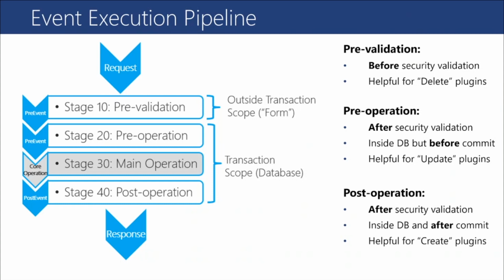You can also throw an exception from this stage, and in that case, the plugin transaction will not be committed, or the plugin will not be executed further, and your operation, depending on the type of the plugin, will not be completing.